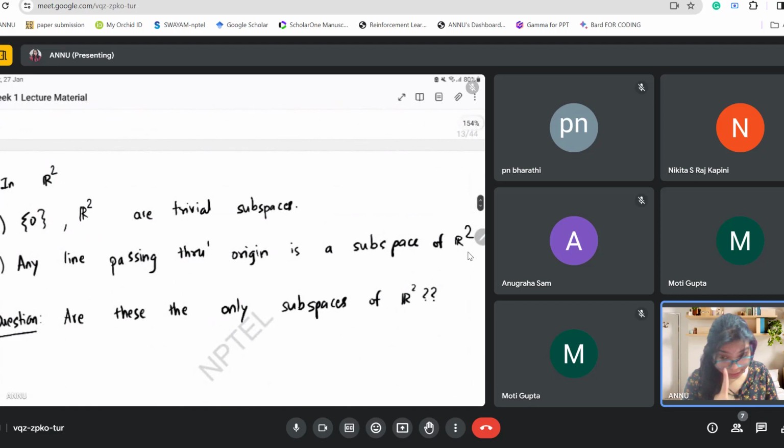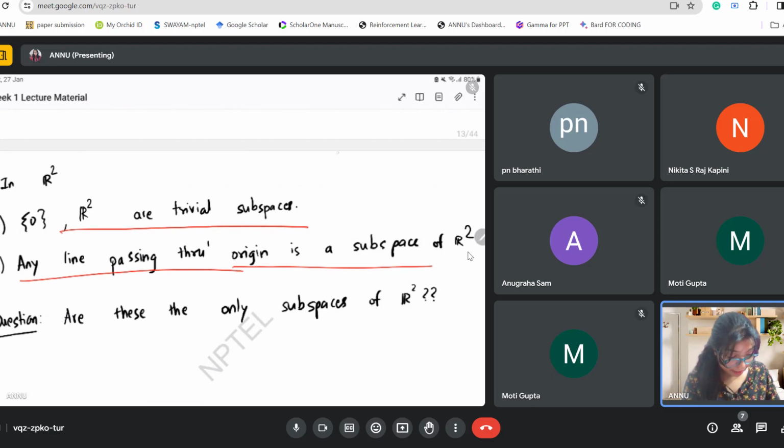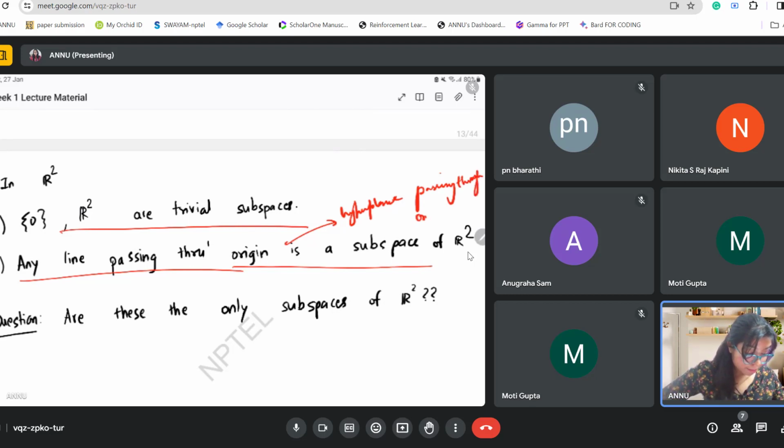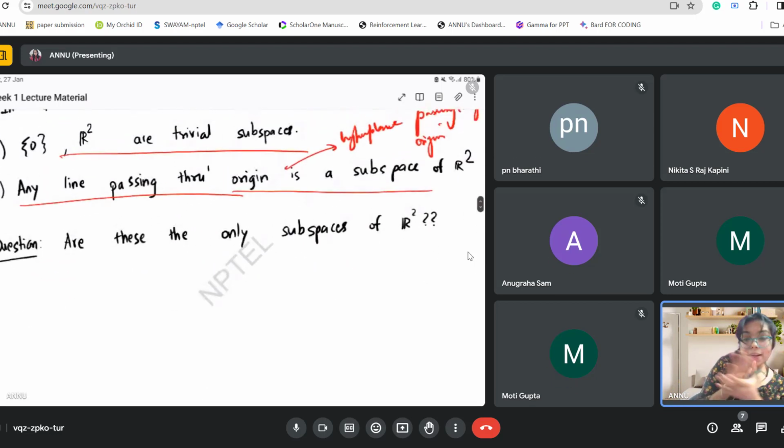The singleton zero is also a trivial subspace, and any line passing through the origin is a subspace. Similarly, any hyperplane passing through the origin is also an example of a subspace. Passing through the origin is very important because we have to make sure it has the additive identity and additive inverse.